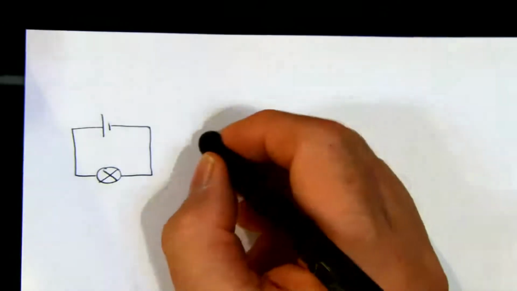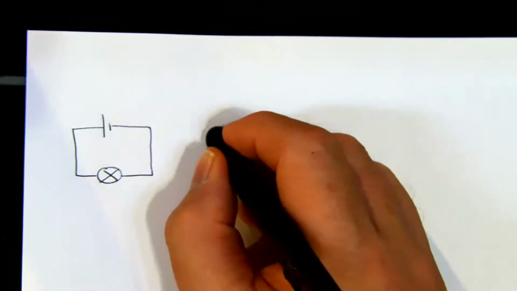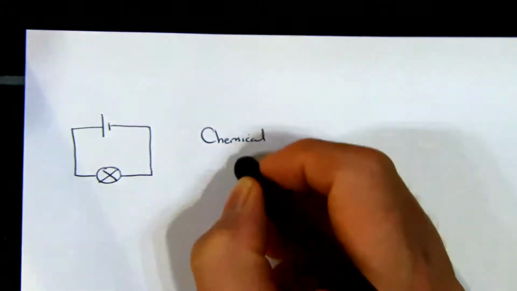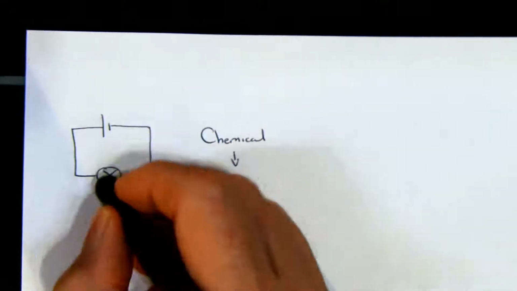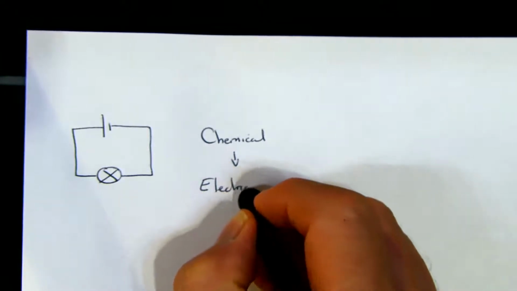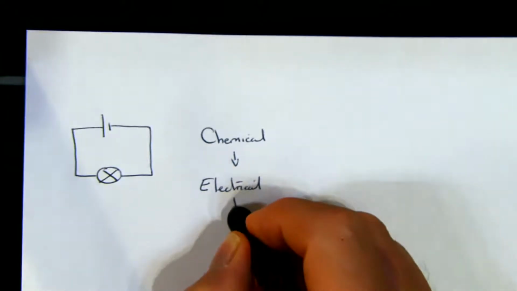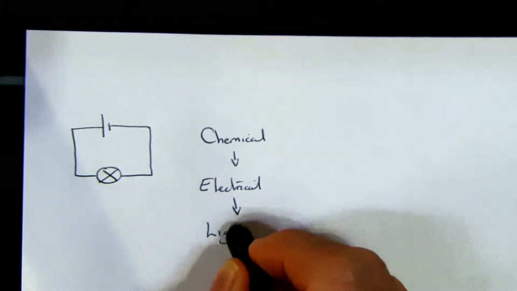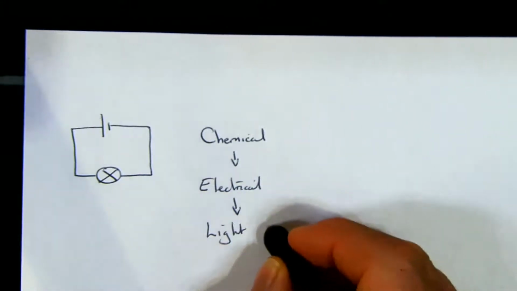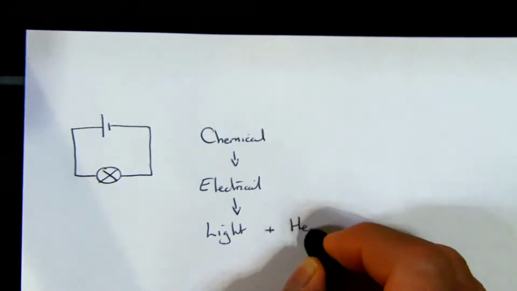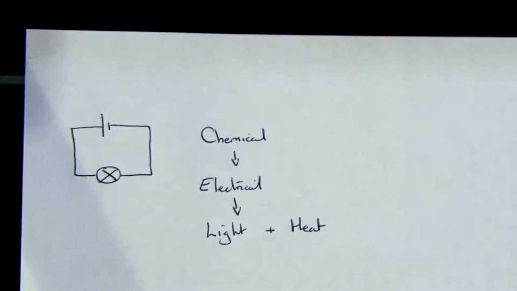What we're going to do is convert this chemical energy in the battery into electrical energy, and then this electrical energy is turned into light. But even with quite efficient LEDs, we also get some heat.